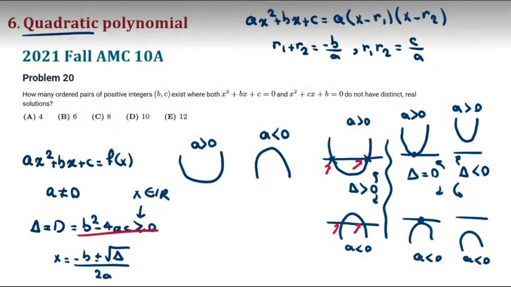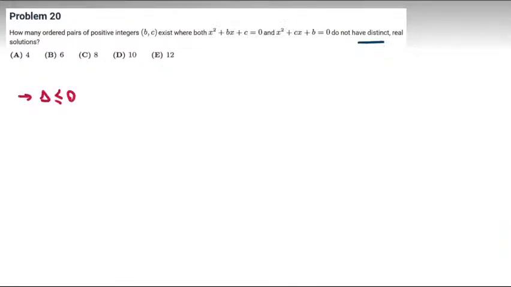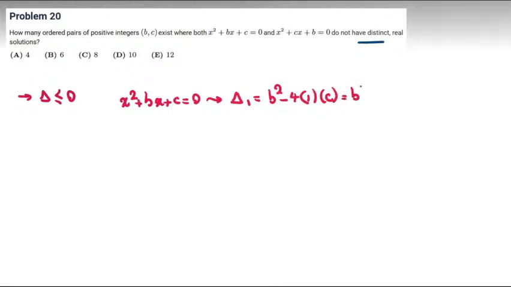Delta was what? b squared minus 4ac. So in the first one, x squared plus bx plus c equal to 0, let's call it delta 1. It's b squared minus 4 times 1 times c, which should be less than or equal to 0.